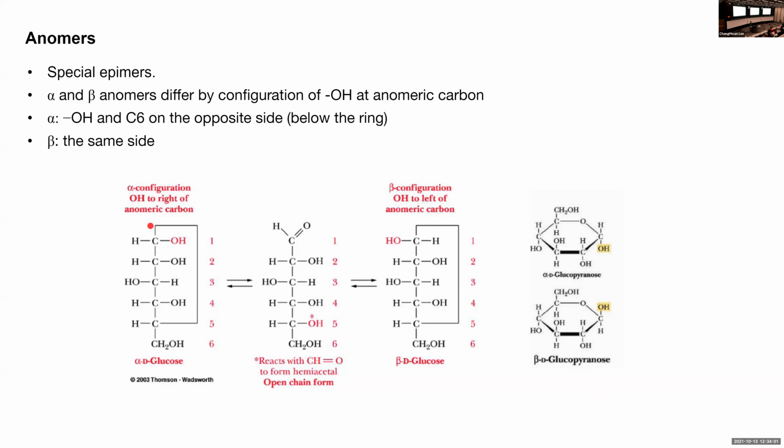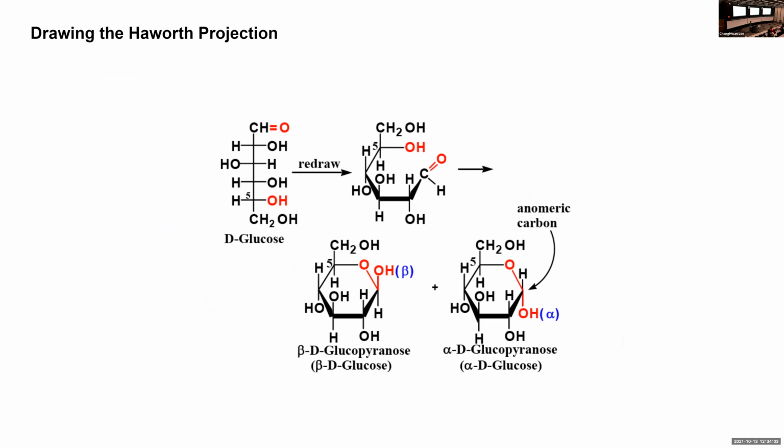So instead, you can use this more convenient form, the Haworth projection, where you simply draw this six-membered ring, and the bottom portion means that it is closer to you, and the upper portion is away from you, and you can easily indicate whether a certain functional group is on the bottom or the top of the sugar ring.